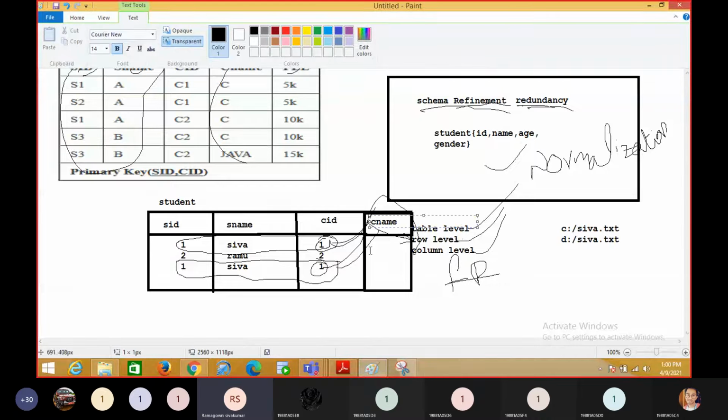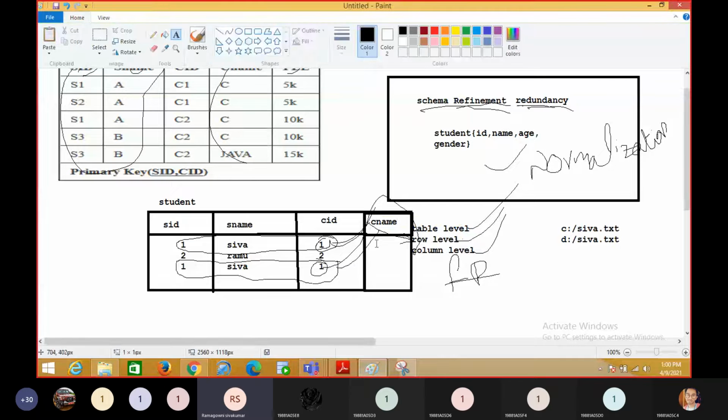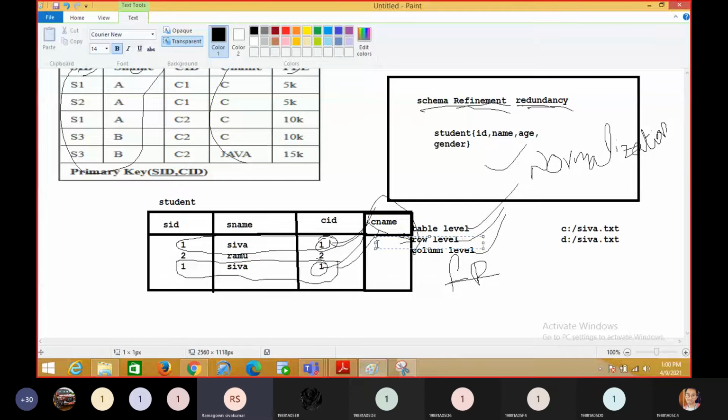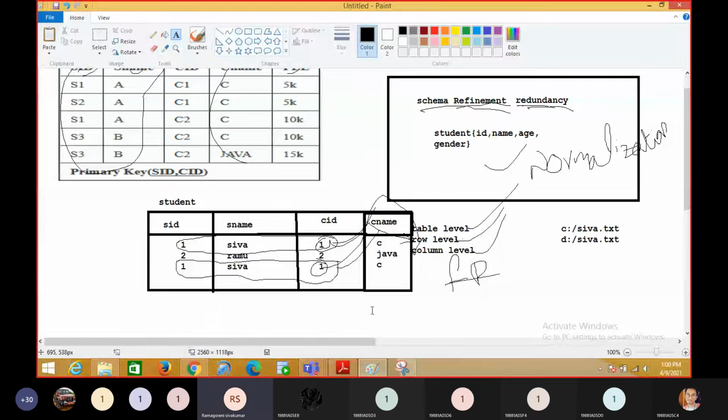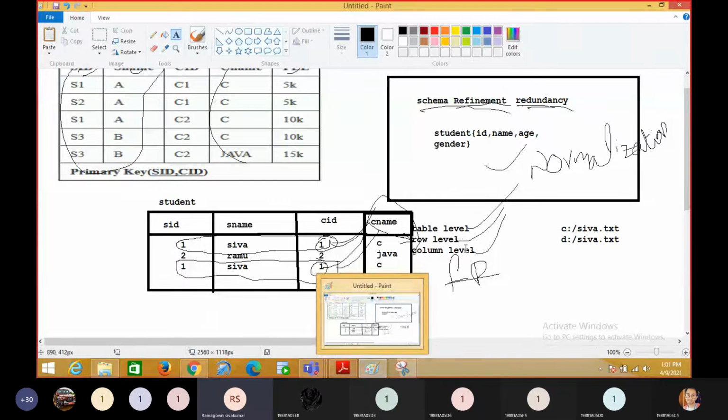This is the course name. See here, if you are trying to update a course, first we will see the insertion problem.